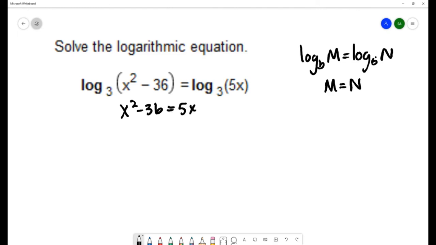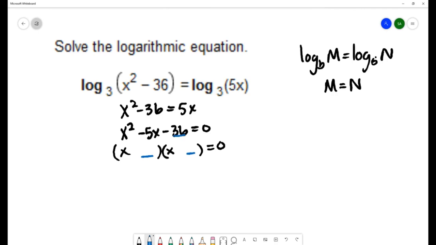Now this is a quadratic equation. I'll move all the terms to the same side to give the equation x squared minus 5x minus 36 equals 0. And I'll try to factor. So that would give x times x is x squared. And I want two numbers that multiply to be 36.